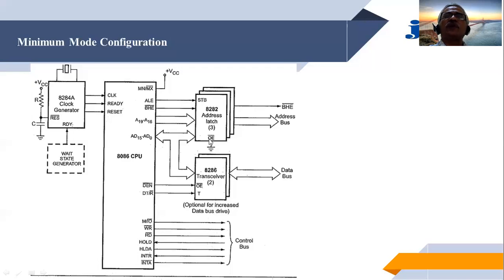The 8282 has an output enable signal which is active low, so we need to ground it. It has a strobe, which is similar to a chip select line, connected to the ALE, address latch enable. The moment the processor generates an ALE signal, the latches get activated. Now whatever the address signals A0 to A15 are, they will be latched at the output.